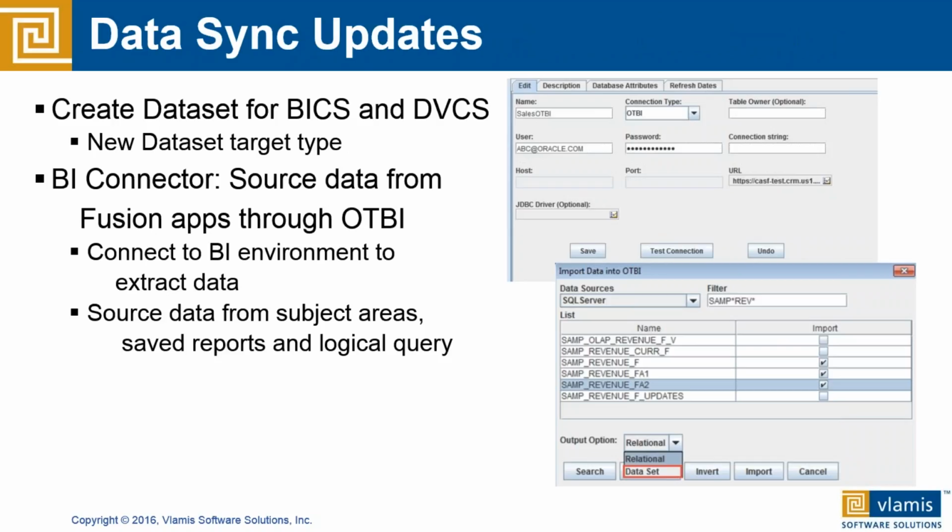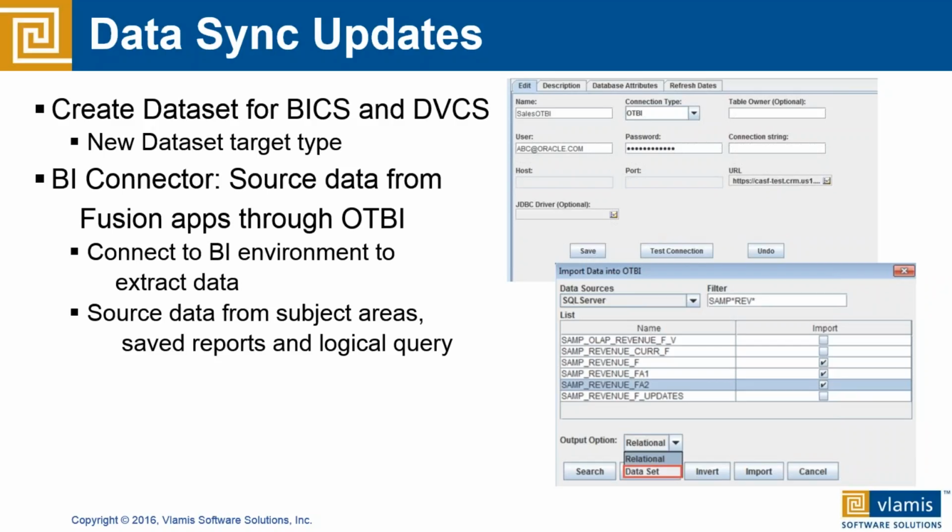We also have the ability to do data sync updates. You can create a data set for BICS and Data Visualization Cloud Service. There's really just a new data set target type that you can use to do this. And as well, there's a BI connector where you can source data from Fusion apps through OTBI.